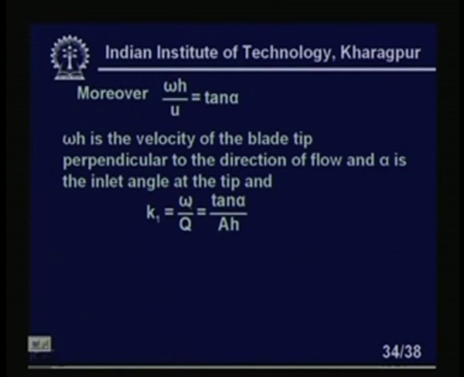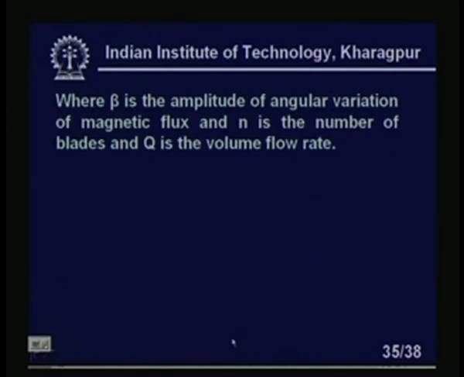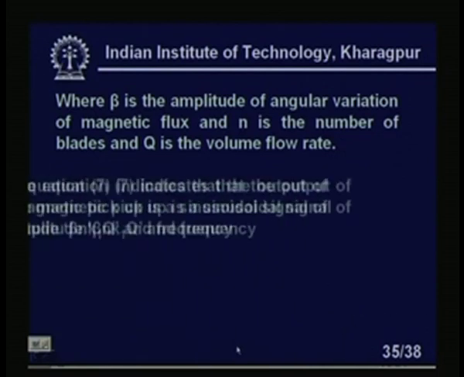So, K1 equal to omega by q, which is tan alpha by A h, right. The output voltage from the magnetic pickup will be given by beta n K1 q sin(n K1 q t), equation number 7, where beta is the amplitude of the angular variations of magnetic flux, n is the number of blades and q is the volume flow rate.